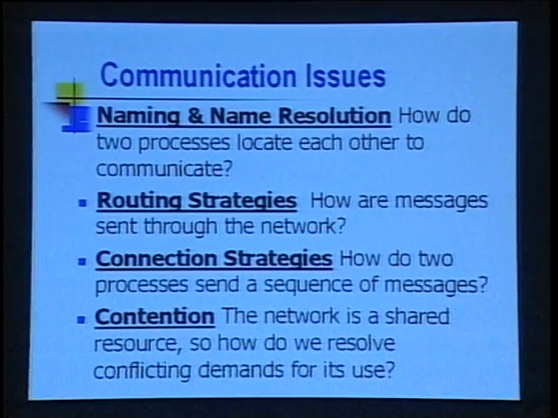The second important element in the communication issues is routing strategies. Let's say we want to send a message to Karachi over a network, and we have a machine in Lahore, a machine in Faisalabad, a machine in Multan, in Hyderabad, and so on.